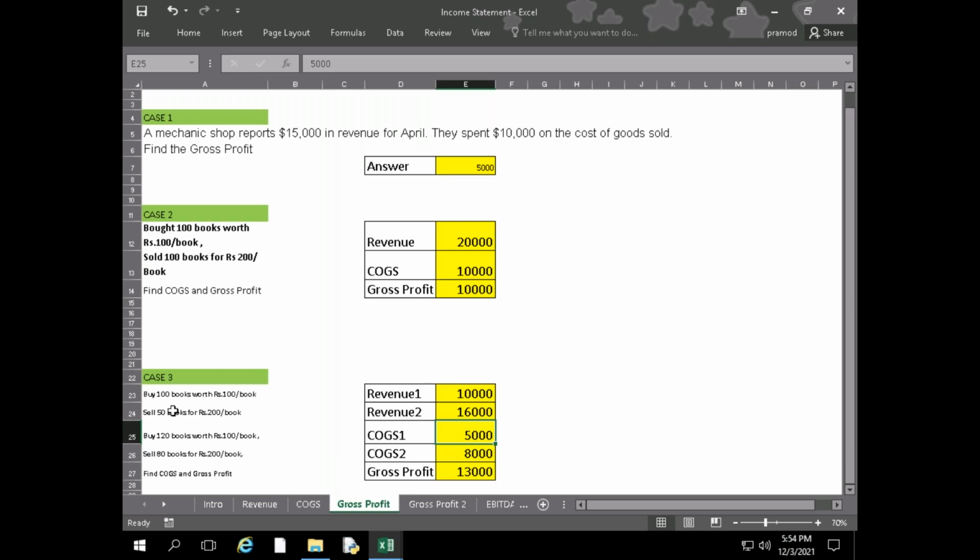So here, first is 100 books worth 100 rupees. How 100 into 100? You bought 100, correct. But you will do sold quantity into bought price, or bought quantity into bought price? Sold quantity into bought price. Then 50 into 100 it should be.